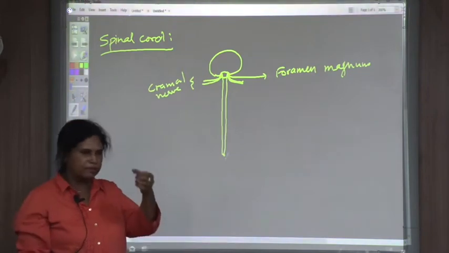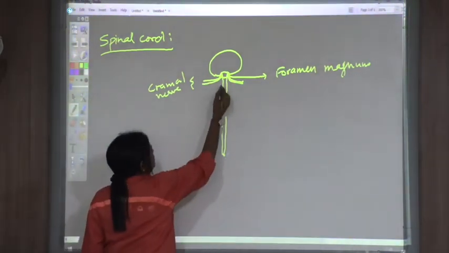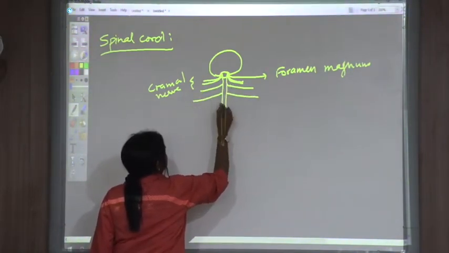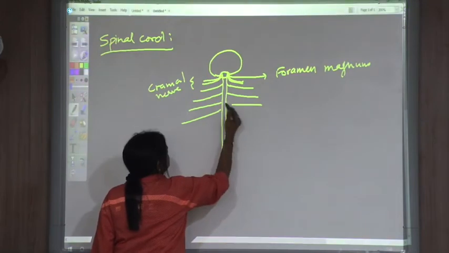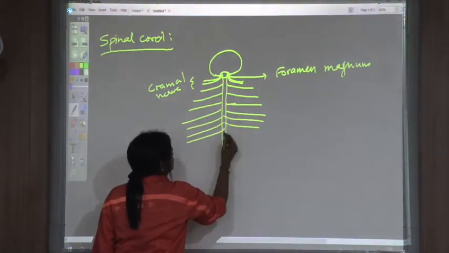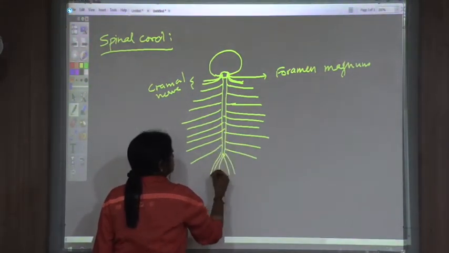Now from the spinal cord there will be some 26 pairs of spinal nerves. So on both the sides, in pair will arise the spinal nerves.